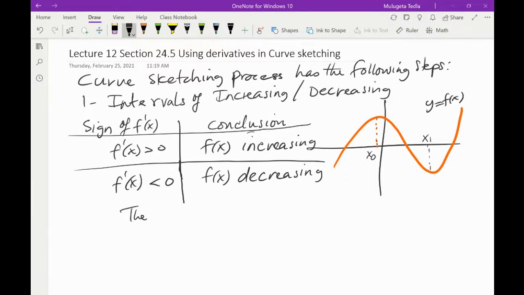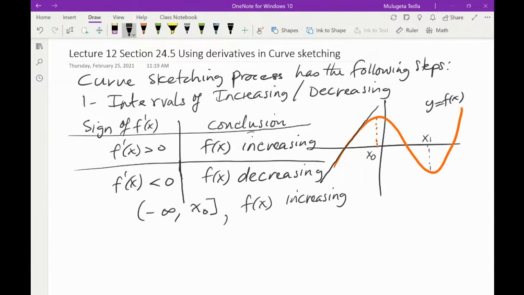As you can see, from x0 to the left, f of x is increasing, since the tangent line has a positive slope. The derivative, which is the slope of the tangent line, is positive.